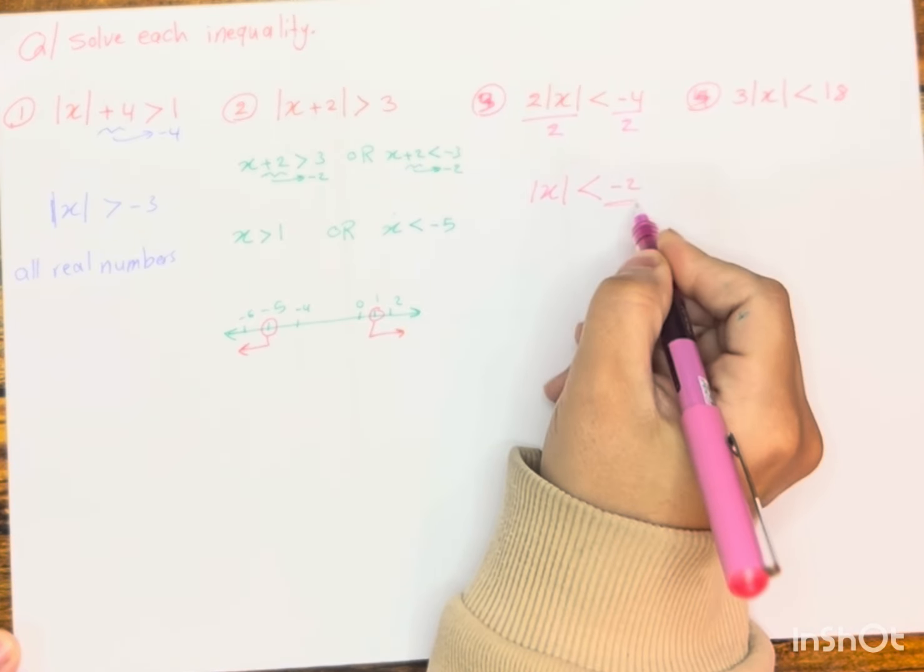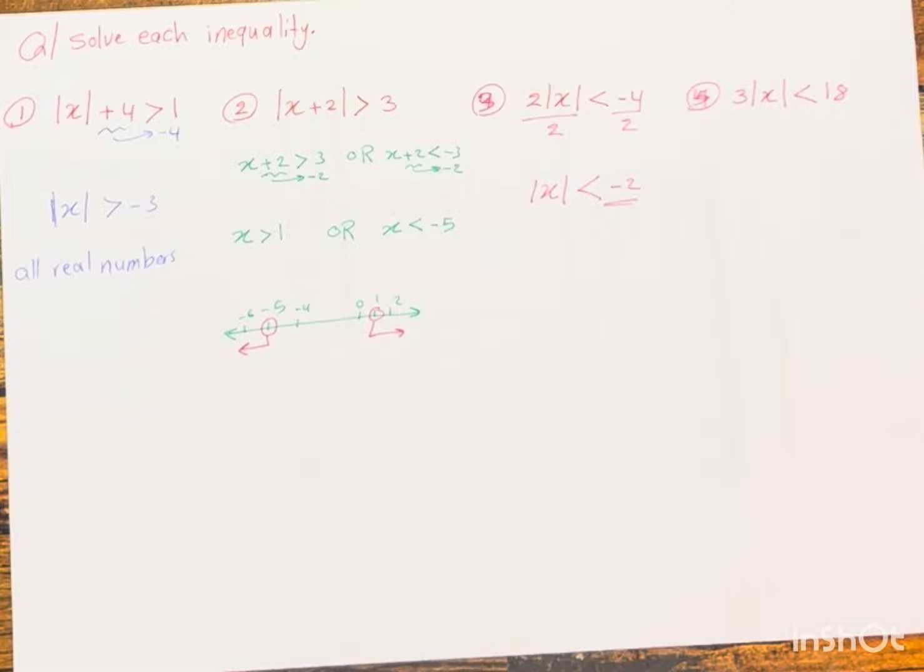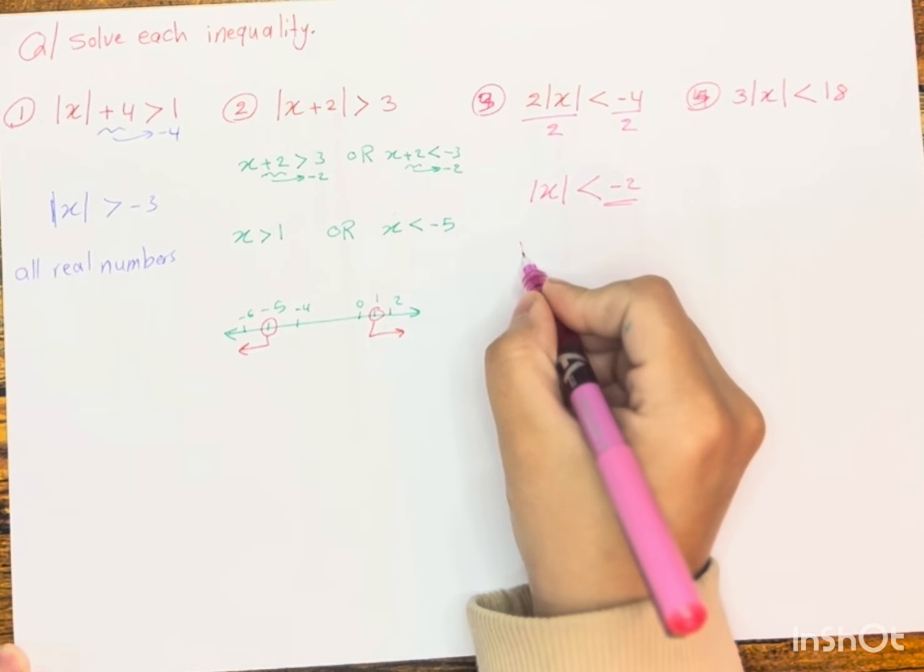Again, we get a negative number. So there is no number to put in the absolute value that is less than -2, because the absolute value always makes a negative number positive. So we always get a positive number, and as you know, a positive number is always greater than a negative. So this has no solution.